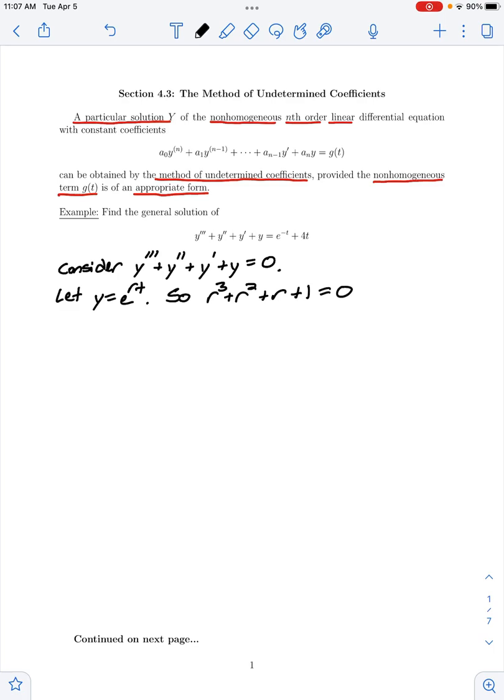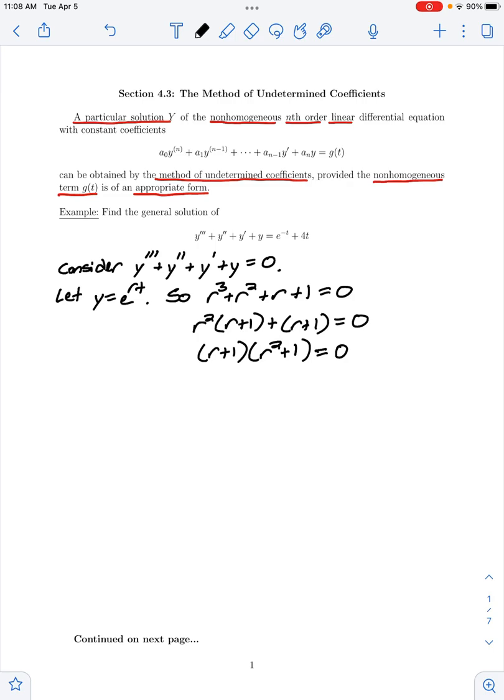And I could factor this by first factoring out an r squared from the first two terms, which would leave me with an r plus 1. And then I have another r plus 1 for my last two terms. So if I factor out the common factor r plus 1, I'm left with r squared plus 1 is 0.